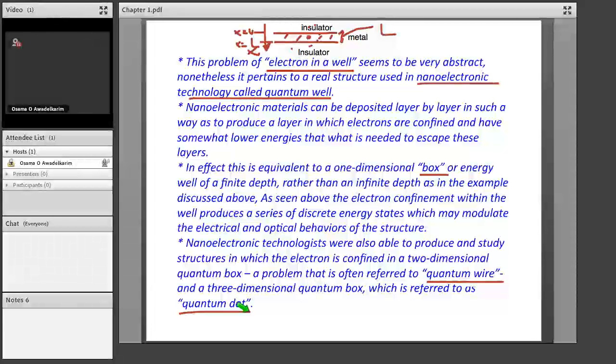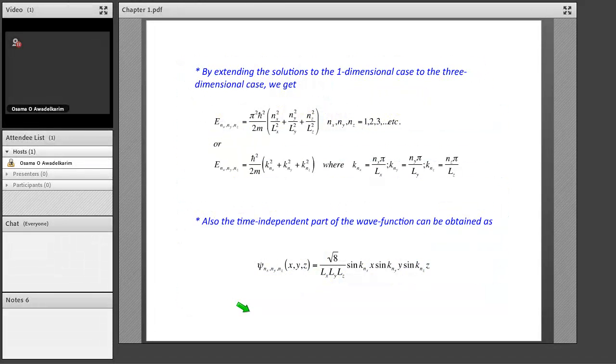So you can actually make a quantum well or a quantum box, or you can make a quantum wire, or you can make a quantum dot, if you have confinement only in one direction, confinement in two directions, or confinement in three mutually perpendicular directions.